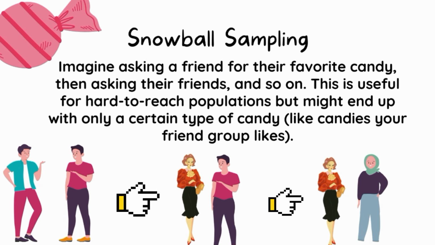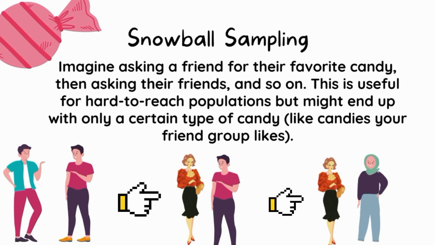From the picture, the person is asking for his favorite candy and then he asks his friend, and so on. This is useful for hard to reach populations but might end up with only a certain type of candy, like candies your friends' friend groups like.